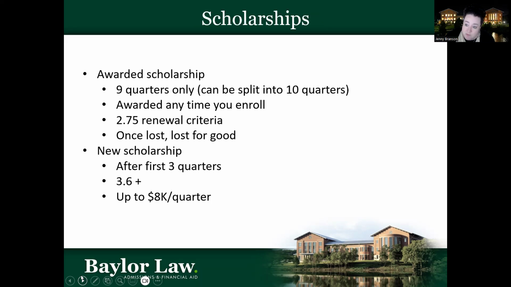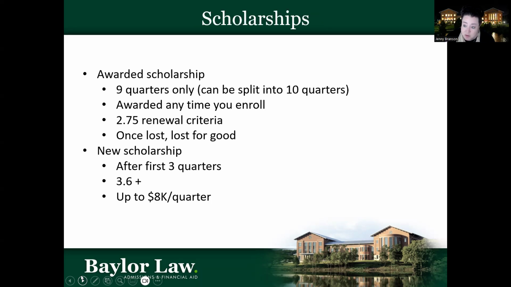If after summer and fall you're below a 2.75, we won't award you scholarship. However, if after that final first year set of grades, so your winter grades come in, you're back over the 2.75, we will retroactively award your scholarship at that point. But after that first year, once it is lost, it's lost for good. Feel free to ask me questions if you have questions about that.